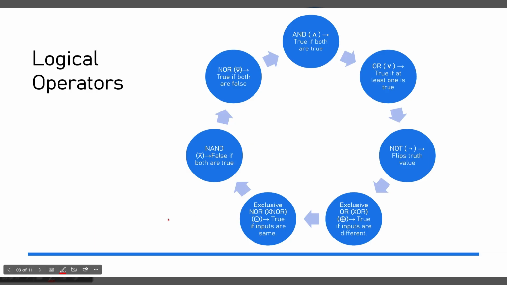AND gate returns true if all the values of the input lines are true, and it is represented as this symbol. Suppose A and B are input lines, then the output will be this. Alright, or this.